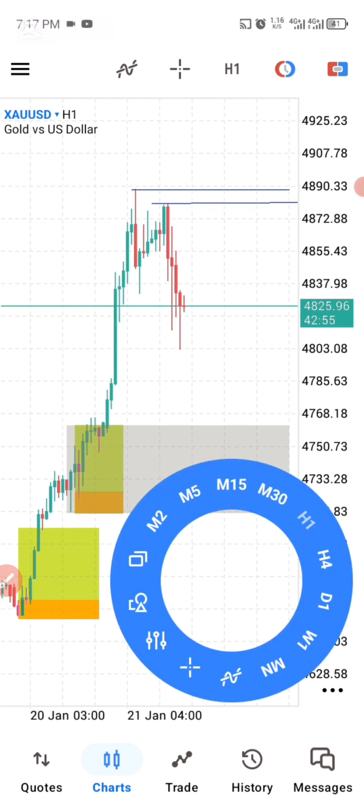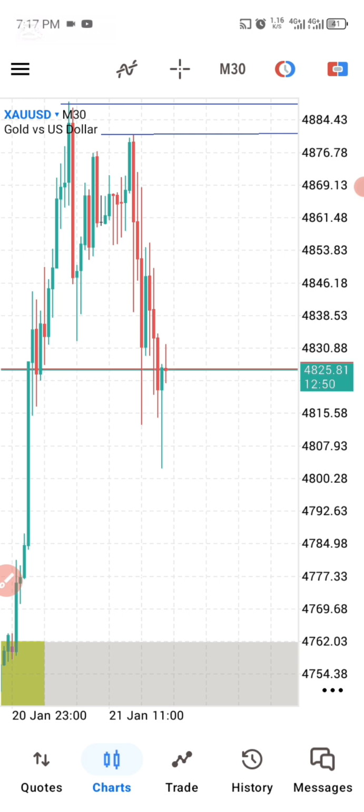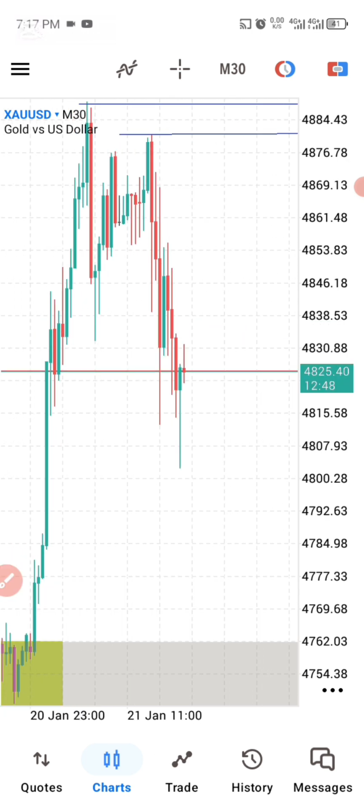Now, if I go to the 30 minutes time frame, you will notice that the market follows my strategy, but the last one, the market did not obey. My strategy is breakout of structure, liquidity, and the last one is confirmatory.